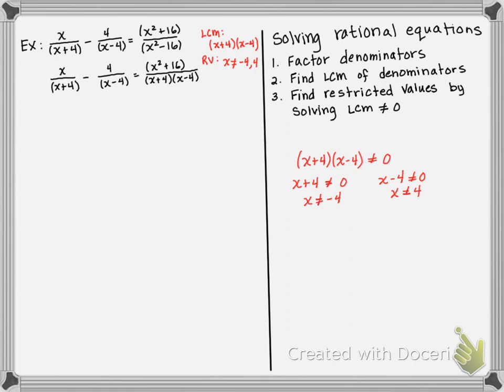So what we're doing is we're finding the values of x that would make that happen. So if x were -4, plugging it into one or more of those denominators would give us 0. And that's not okay because that's not defined. And so we're just saying that when we solve this equation, we have to throw out any values that are going to make the denominators 0, which in this case are -4 and 4.